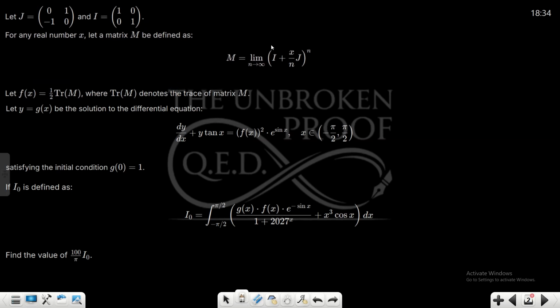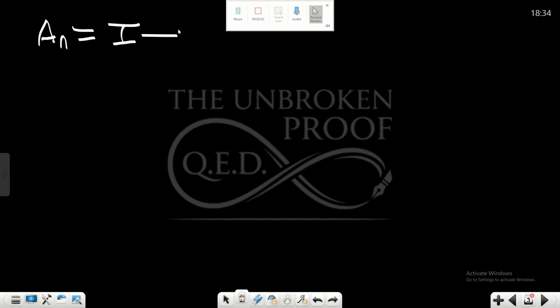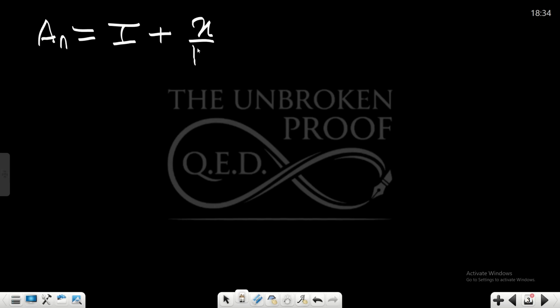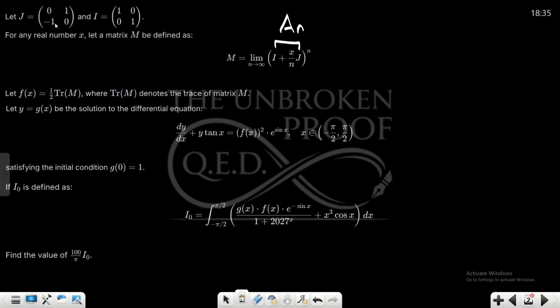Here A n is going to be I plus x by n J. If I write the matrix over here, then we'll get 1 0 0 1, and there will be a plus followed by J, which is 0 1 minus 1 0.